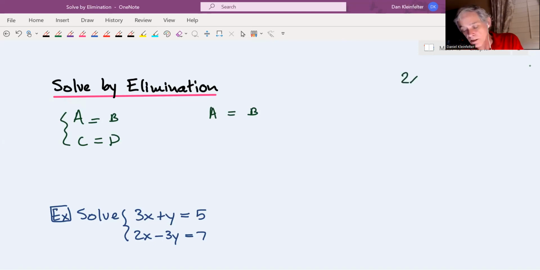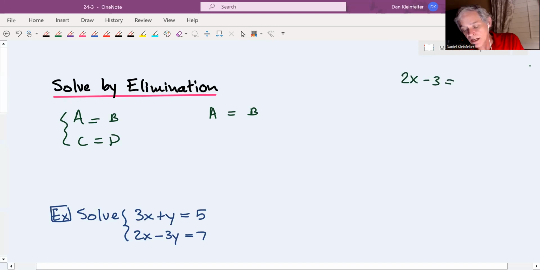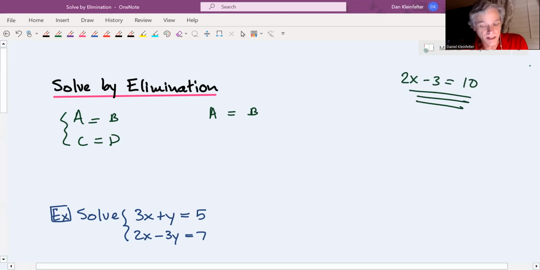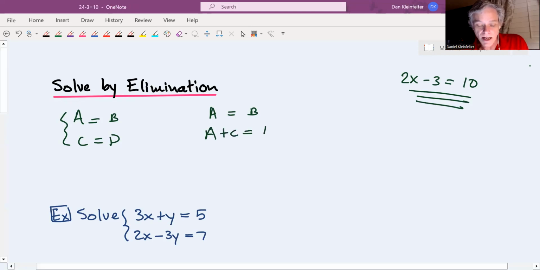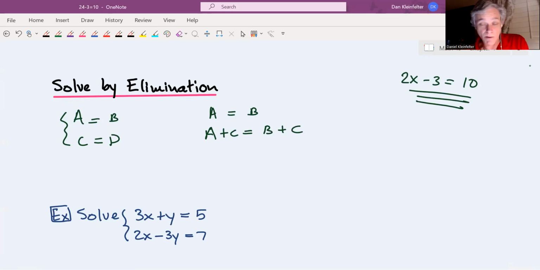We use that to help us solve equations like 2x minus 3 equals 10. How you would solve that is by adding 3 to both sides, right? It's always okay to add the same amount to both sides. So I'll take my equation A equals B, and we're going to add C to both sides. Okay, we're allowed to do that, right? In the same way that we would add 3 to this 2x minus 3 equals 10.